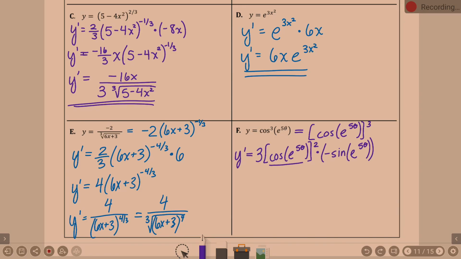Now, am I done yet? Wish. Okay, fair answer. The chain rule can be used repetitively. In this case, there are multiple inside functions. So we did cubed. Then we did the derivative of cosine of something is negative sine of something. Now, what's the derivative of something? So what's the derivative of e to the 5 theta?